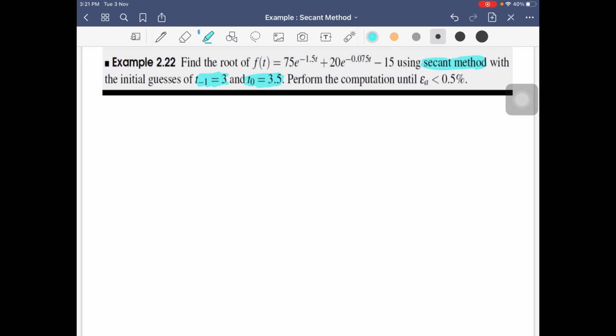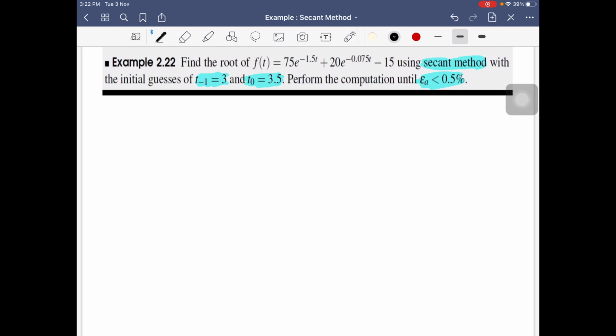But in terms of convergence, it is not guaranteed. However, if the secant method converges, then normally it converges faster compared to the bracketing methods. And then you are asked to perform the computation until your approximate percent relative error is less than the given stopping criterion, 0.5%.